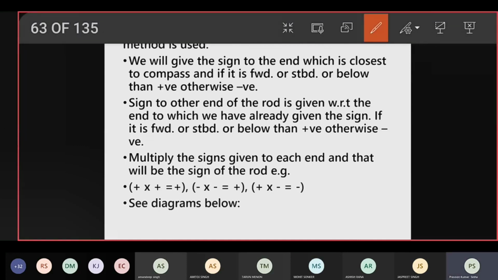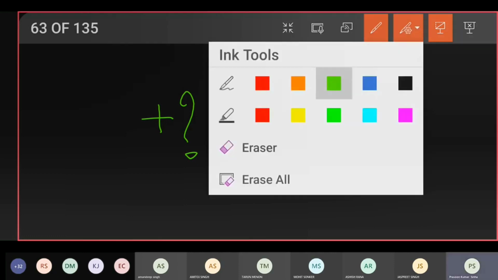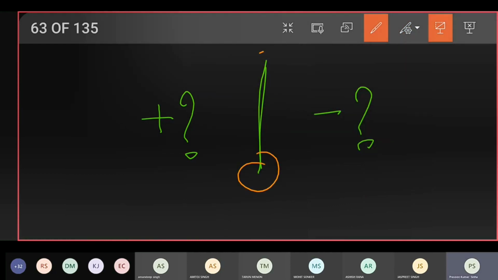That means if a rod is like this, whether it is positive or negative will depend on how these ends are given the sign. There are two ends, one of which can be positive or negative, and the other end can also be positive or negative.